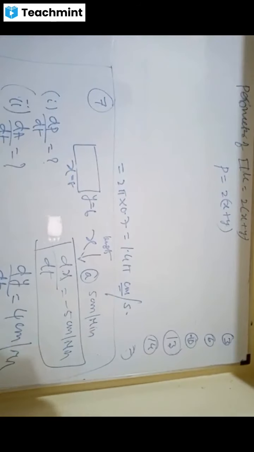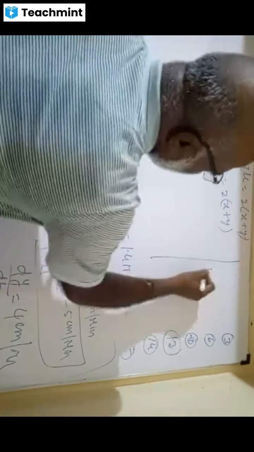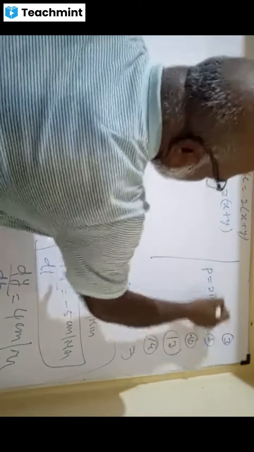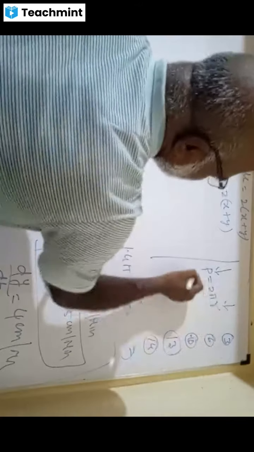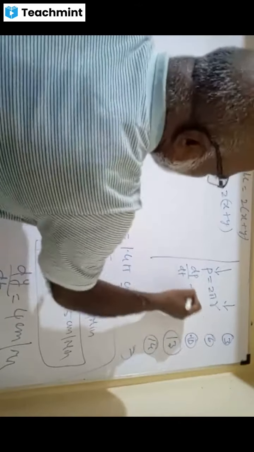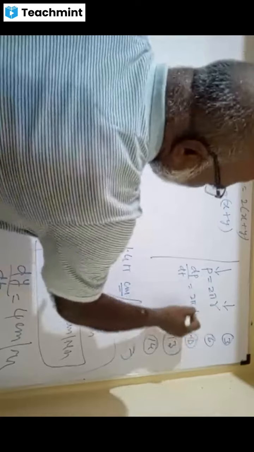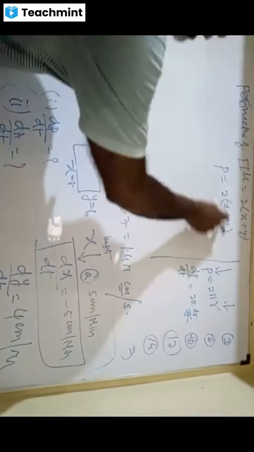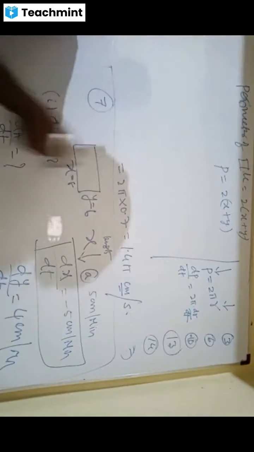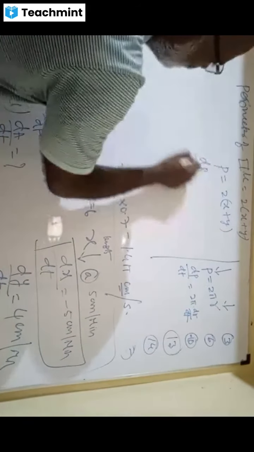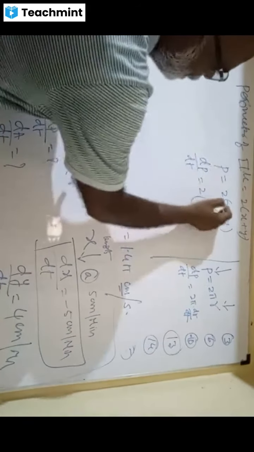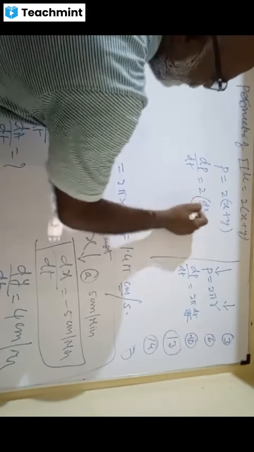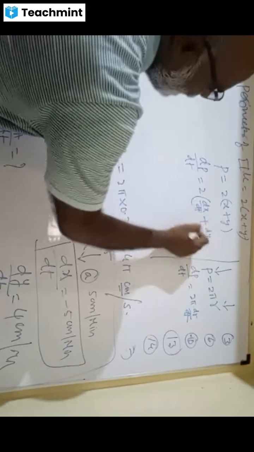Guys, a very interesting thing here. Previously you had only one variable, the perimeter was 2 pi r, so you could say directly dp by dt is 2 pi dr by dt. But here you have two variables, so you have to differentiate each one. dp by dt is nothing but 2 into dx by dt plus dy by dt.